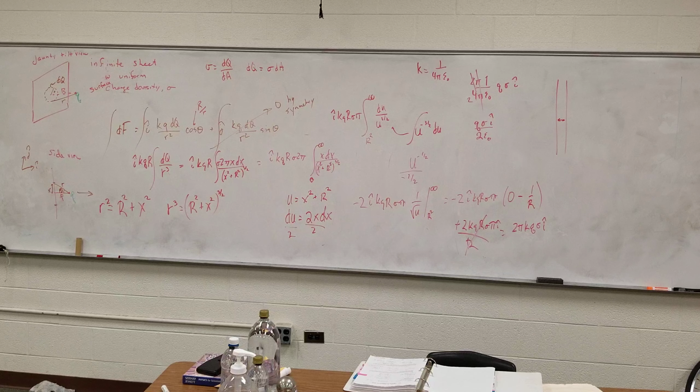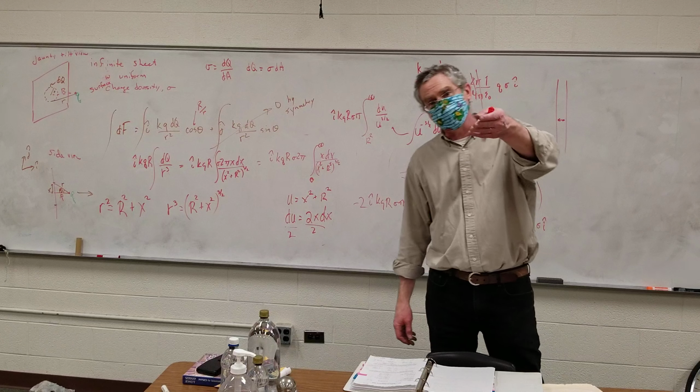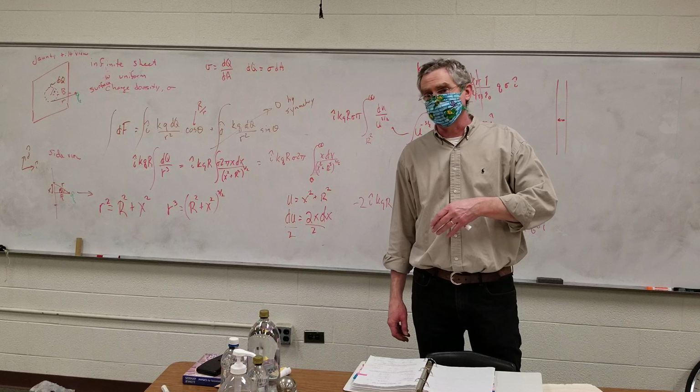So it is reasonable to assume that we can have two really large sheets, or two really large conductors with something incredibly thin in between, that the infinite sheet approximation is valid. And for those who are watching this, I just pulled out a capacitor.